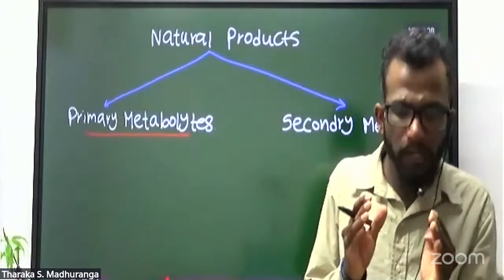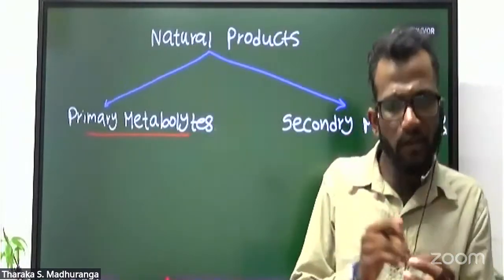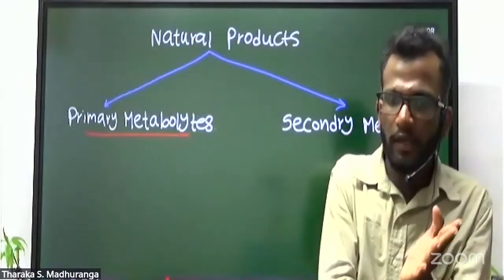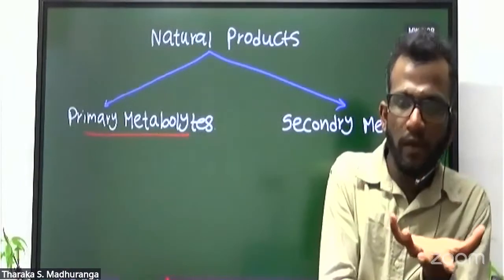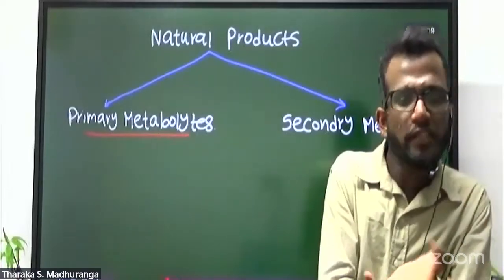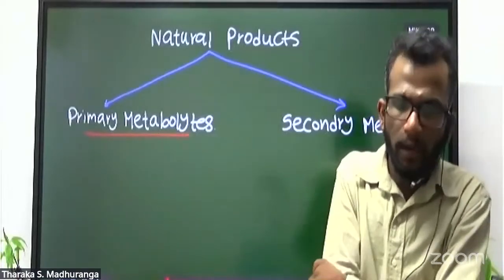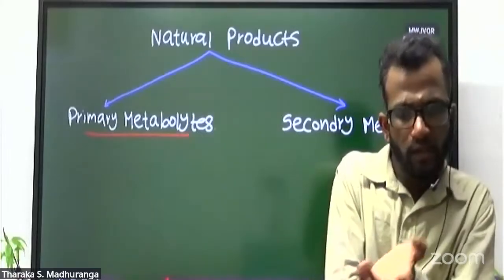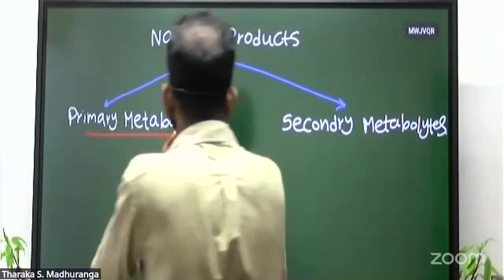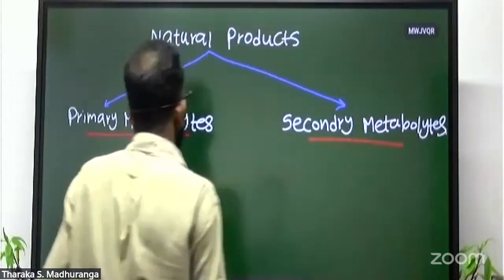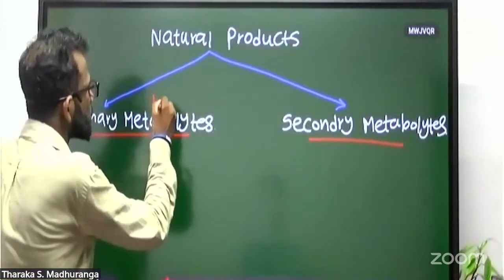Now what is the meaning of primary metabolites? The main characteristic is they are produced in living organisms in large quantities. The secondary metabolites are produced in very small quantities.